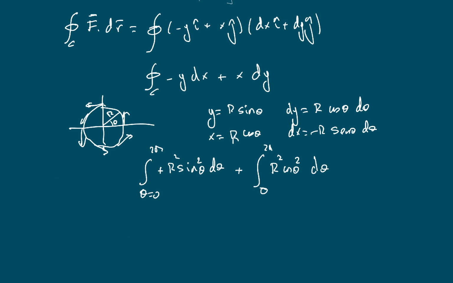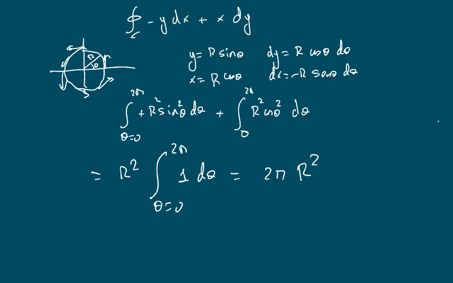And this will be r squared multiplied by the integral between 0 and 2 pi of sine squared plus cosine squared of theta, which is 1, d theta. So the integral from 0 to 2 pi will be 2 pi. 2 pi r squared is this integral.